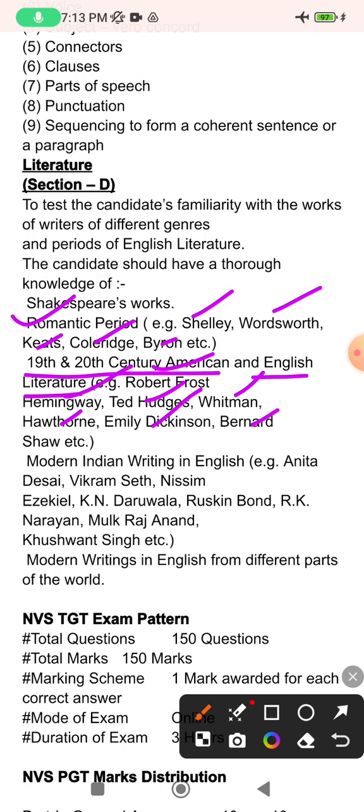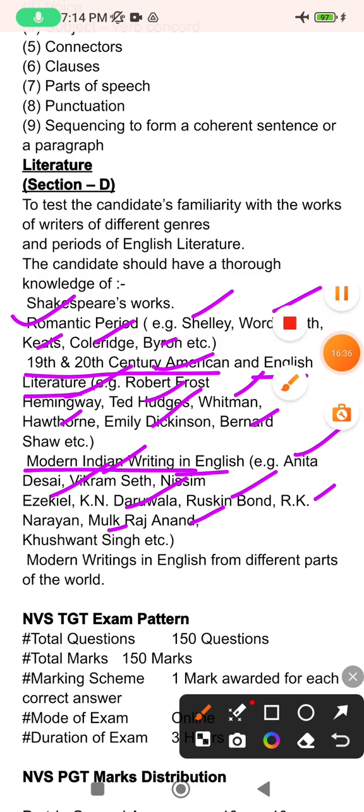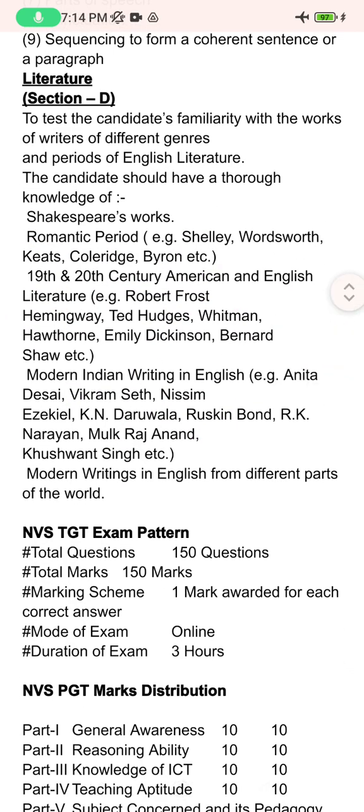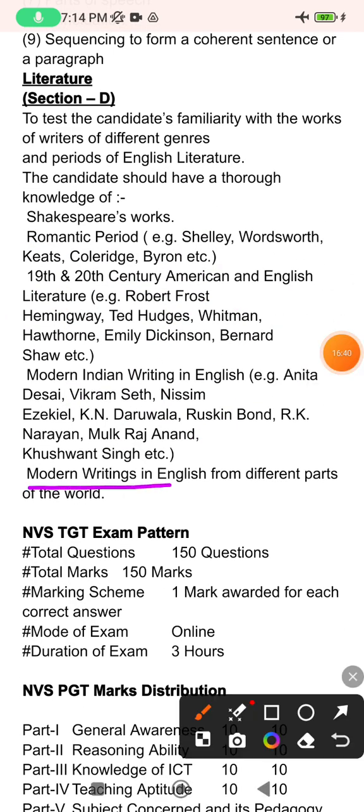Okay, G.B. Shaw. Then we have modern Indian writing in English, especially Anita Desai, Nissim Ezekiel; go through the important poems. K.N. Daruwalla, Ruskin Bond, R.K. Narayan, Mulk Raj Anand, Khushwant Singh. And next is modern writing in English from different parts of the world.